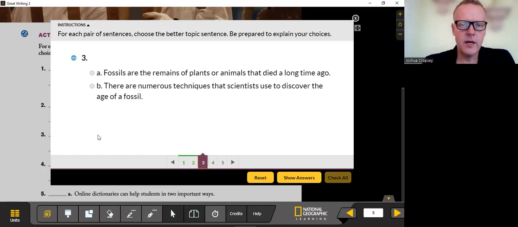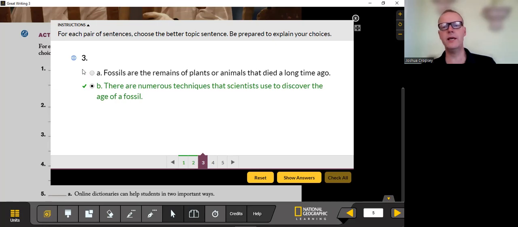Number 3, A. Fossils are the remains of plants and animals that died a long time ago. B. There are numerous techniques that scientists use to discover the age of fossils. Now, B for sure, right? And here's why.